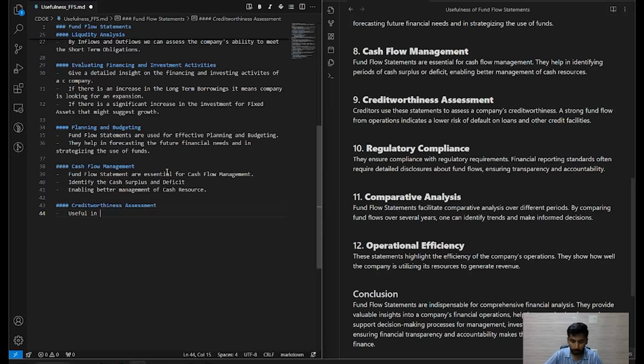A strong fund flow from operations indicates a lower risk of default on loans and other credit facilities.